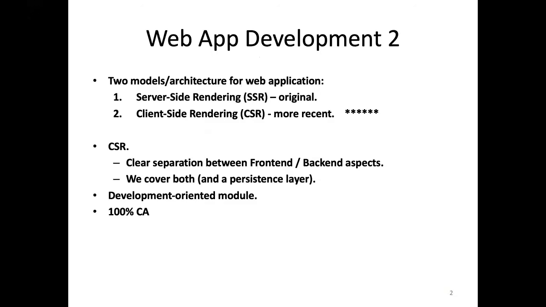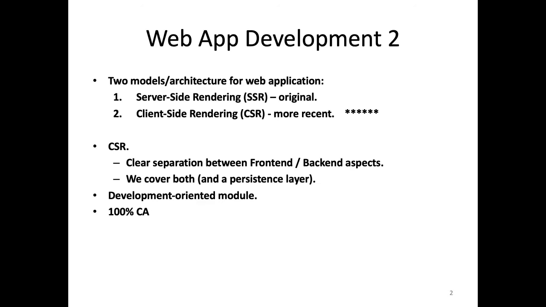You may not have heard of these terms, but you've actually used one of them already. The first one, server-side rendering, was essentially the architecture that you were using when you were developing web apps in the Web App Development 1 module. I think that might have been in second year, I'm not sure. And that was the original architecture. But there is an alternative, and it's the alternative that we're going to be looking at in this module.